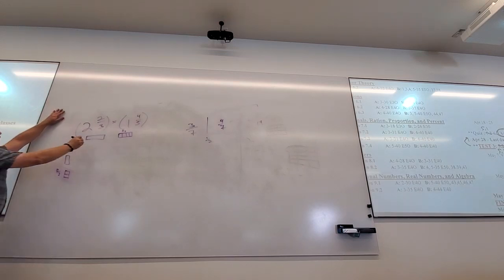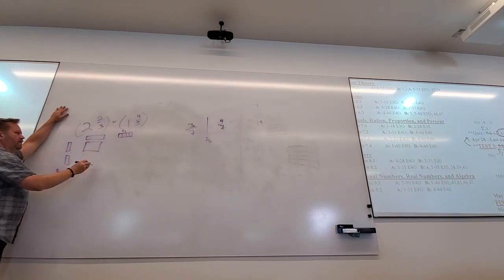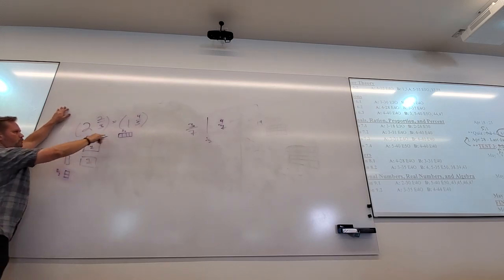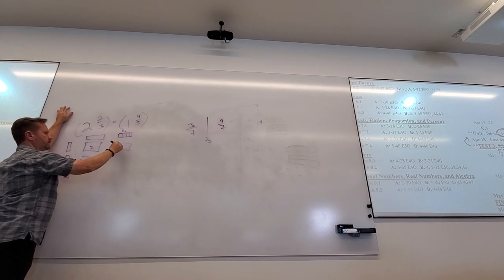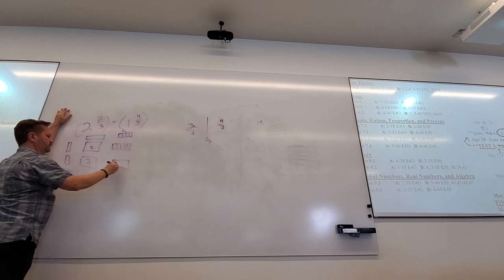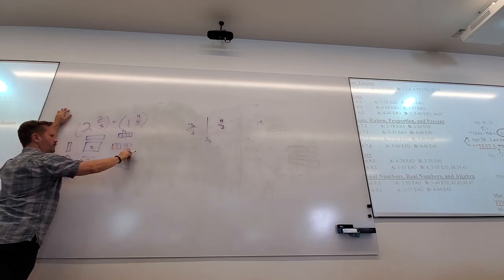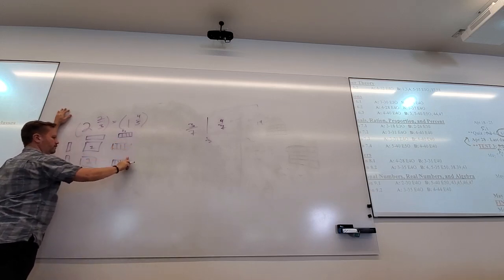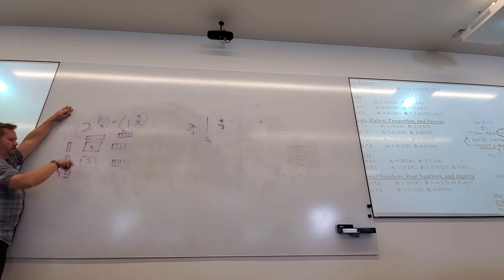So then this would be 1 times 1 is 1. 1 times 1 is 1. This would be 1 times 4/5. 1 times 4/5. Not 4, Jeff. You got it, buddy. And this would be 1 times 2/3.